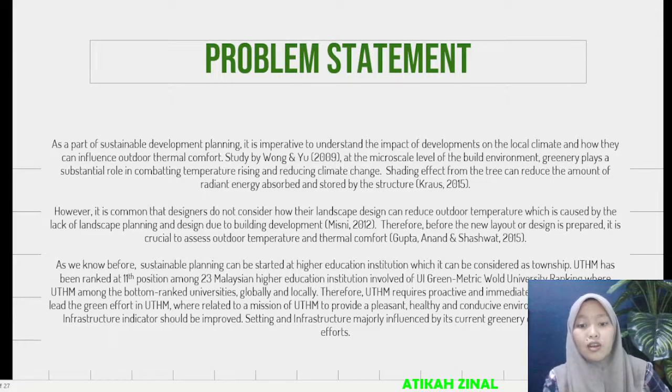Therefore, UTHM requires proactive and immediate action. SCO seeks to lead the green effort in UTHM, related to the mission of UTHM to provide a pleasant, healthy, and conducive environment. The setting and infrastructure indicators should be improved. Setting and infrastructure are majorly influenced by the current greenery design and planning effort.